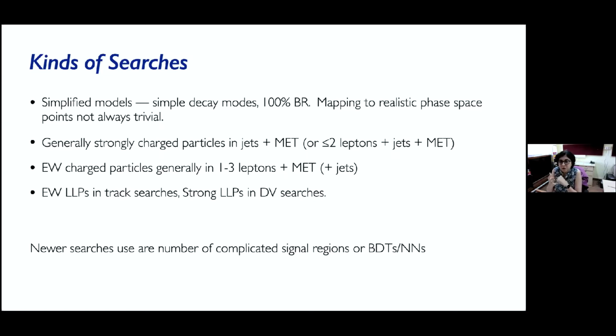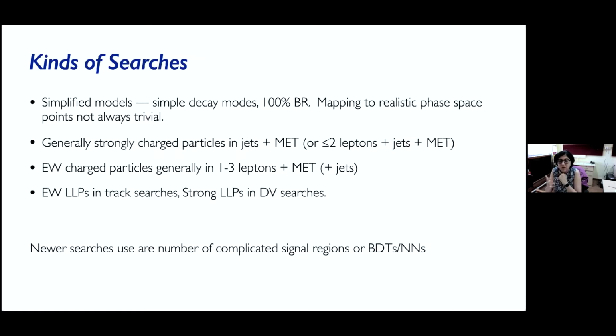If it is a strongly charged long-lived particle, then it decays in a normal way into some jets and so on. But since the decay is going to be away from the collision point, you have what are called displaced vertices. So this whole program covers all possibilities that can happen.